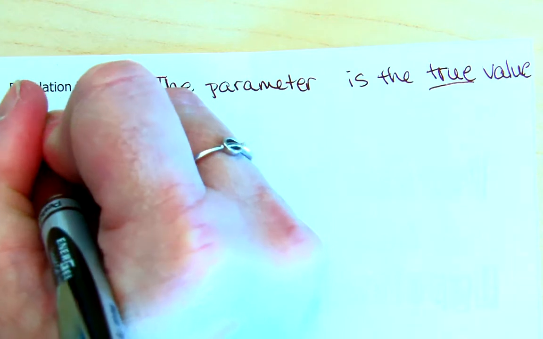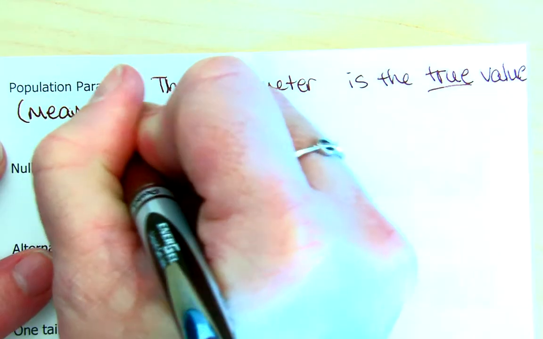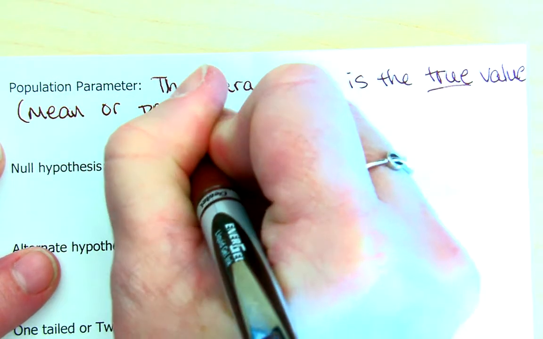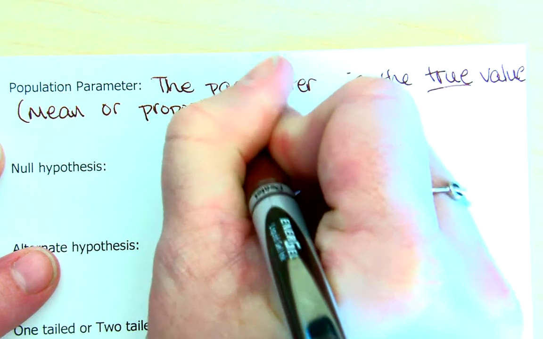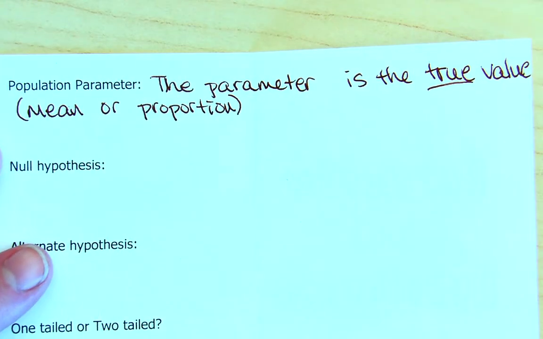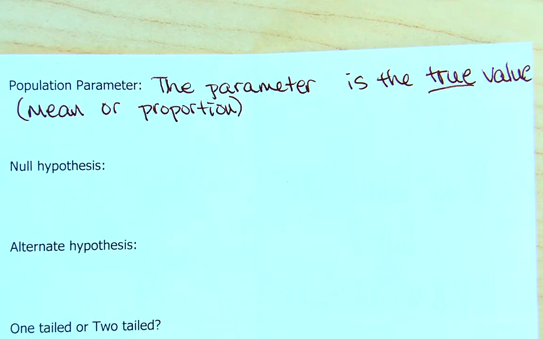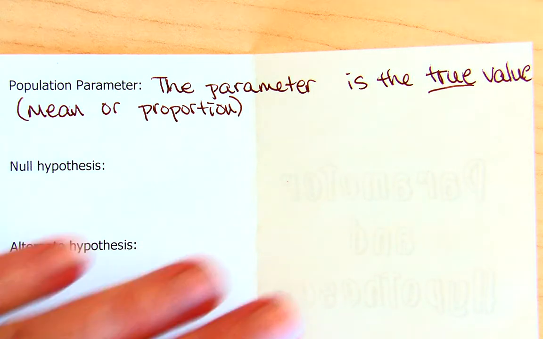And it's going to be either a mean or a proportion. So you would need to distinguish which one are we talking about for this problem and be able to define it in terms of the problem.